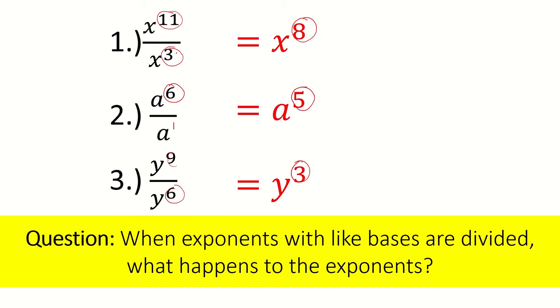So take note that we can apply case 1 under the quotient rule if the exponent in the numerator is greater than the one in the denominator. 11 is greater than 3. The one in the numerator, 6, is greater than 1. Then 9 is greater than 6. So we simply write x here, a, and y.